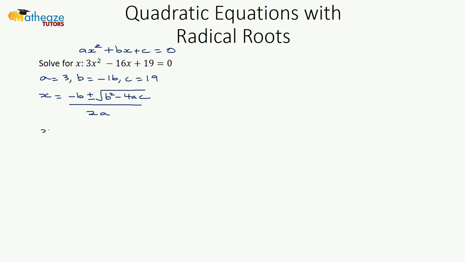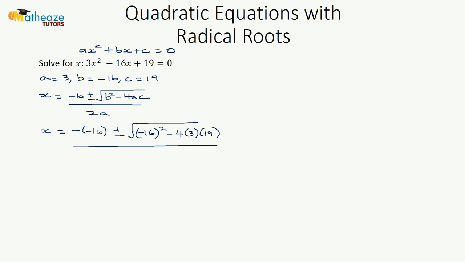So when we substitute, we have negative of negative 16 plus or minus the square root of negative 16 squared minus 4 times 3 times 19, divided by 2 times 3.